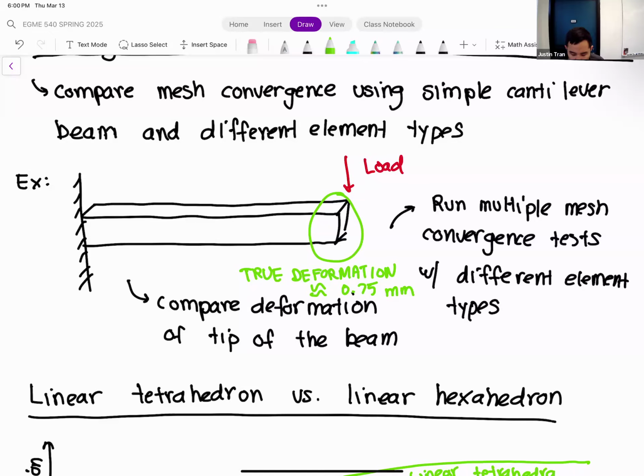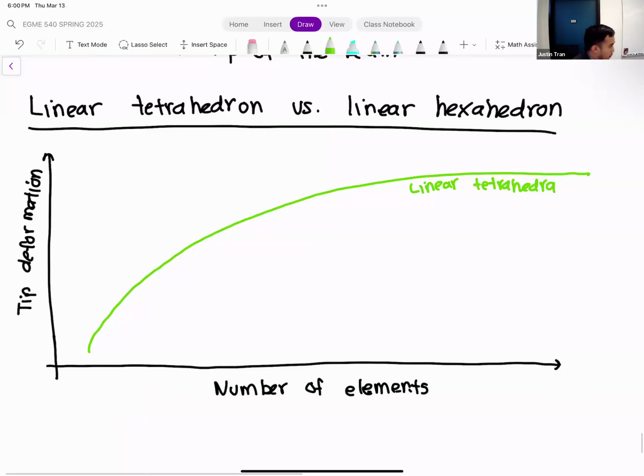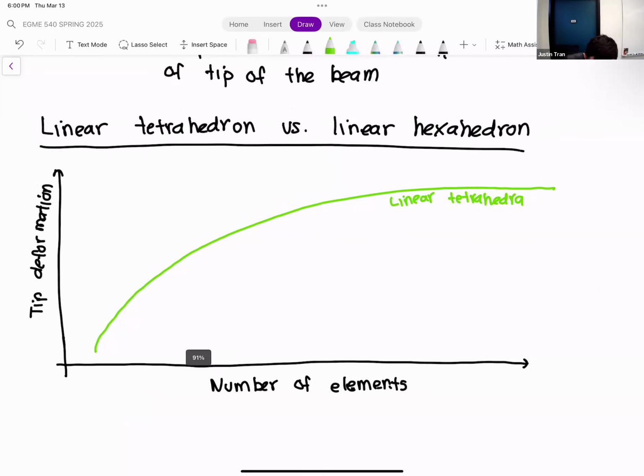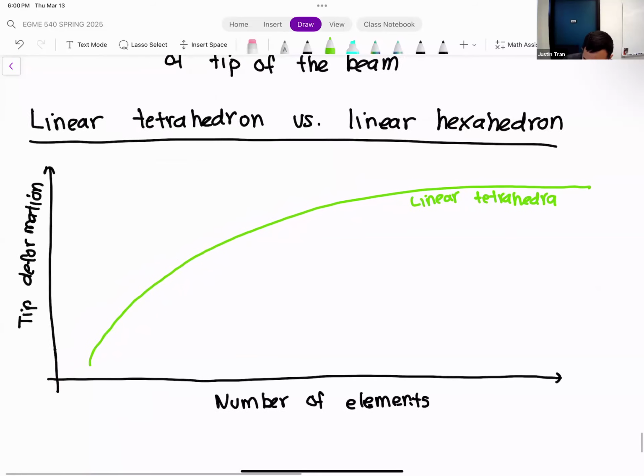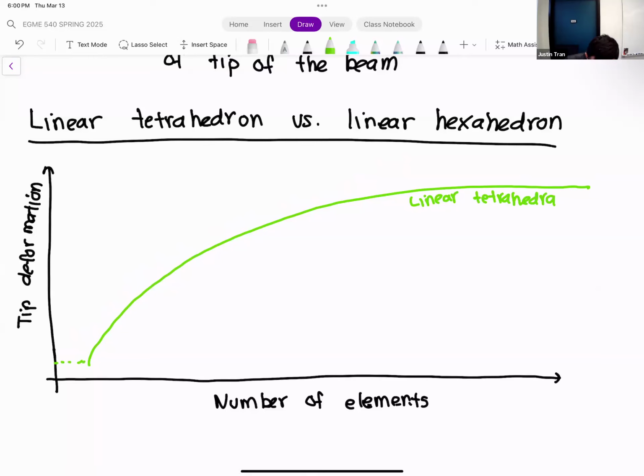Okay, so let's look at the linear tetrahedron first. So this graph, where they started, they actually got a very large error. At the left end here, the deformation that they obtained with the linear tetrahedra was only 0.3 millimeters. So it's less than half of what it's supposed to be.